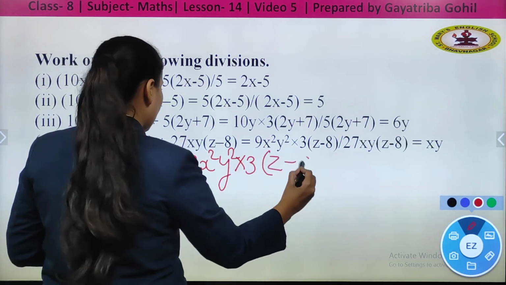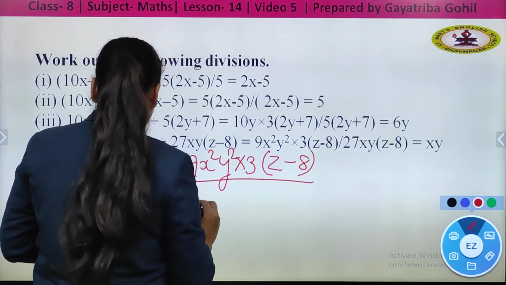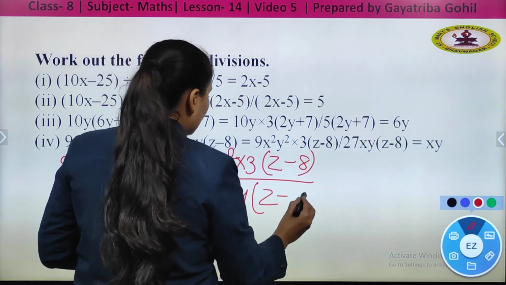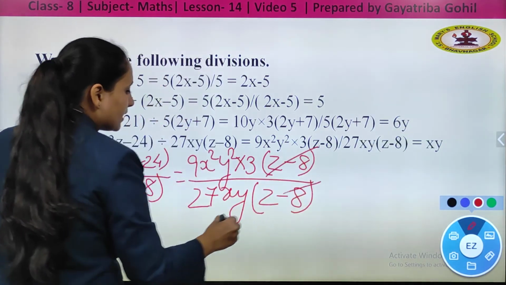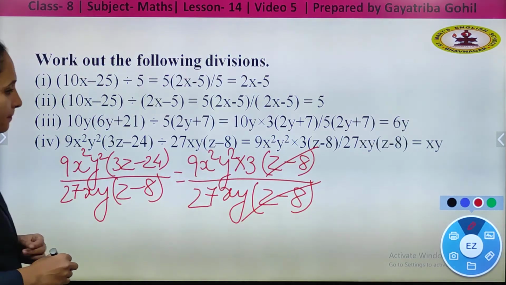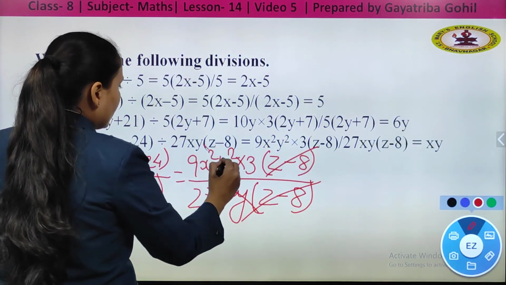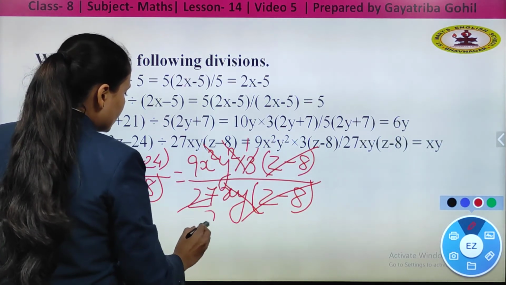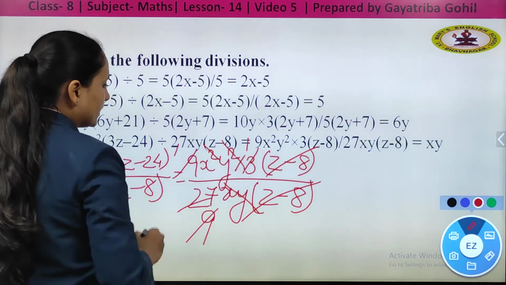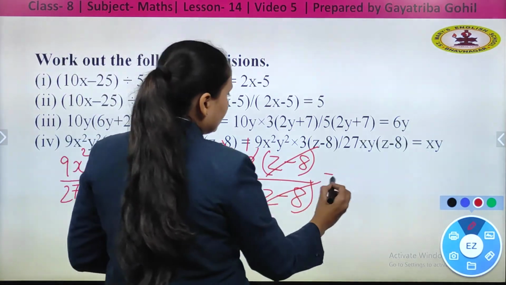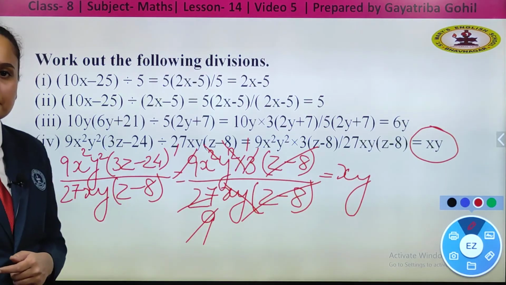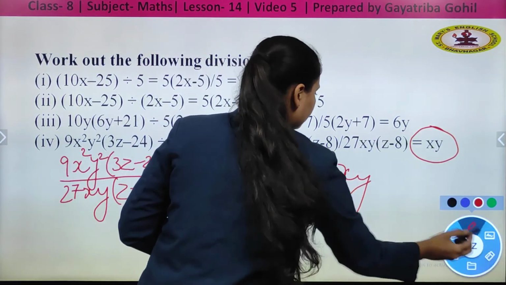You will have z minus 8 divided by 27xy into z minus 8. So, z minus 8 will get cancelled. xy and 1xy will get cancelled. 3 ones are 3, 9s are 27, 9 ones are 9, 9 ones are 9. So, what is left? Only xy. That is our answer.